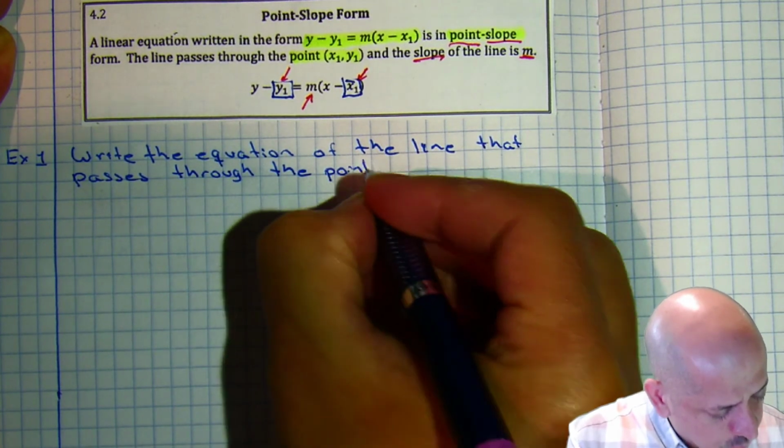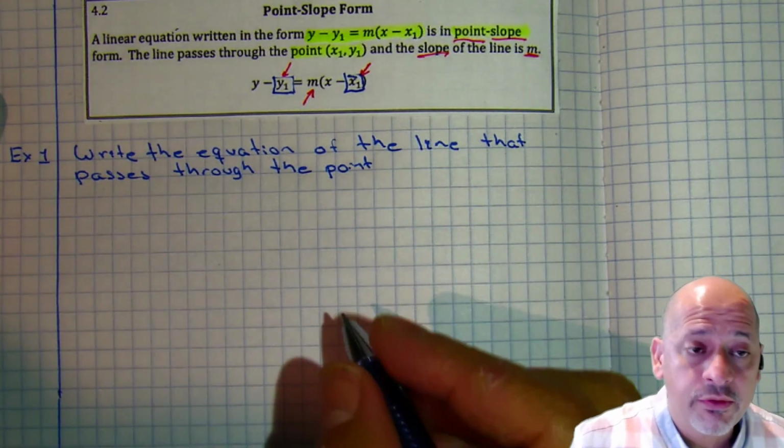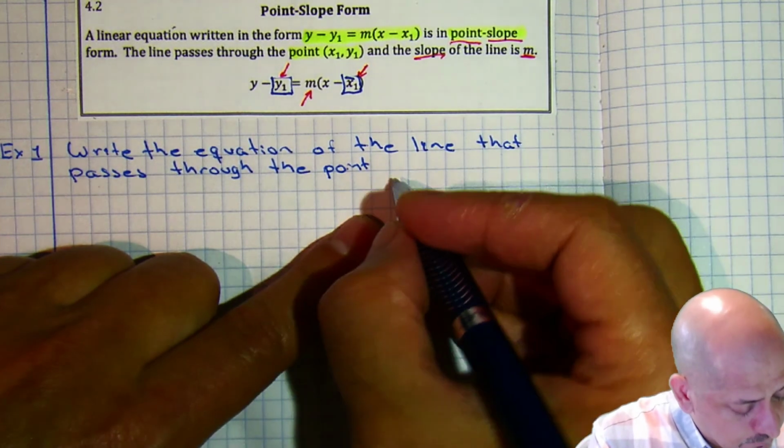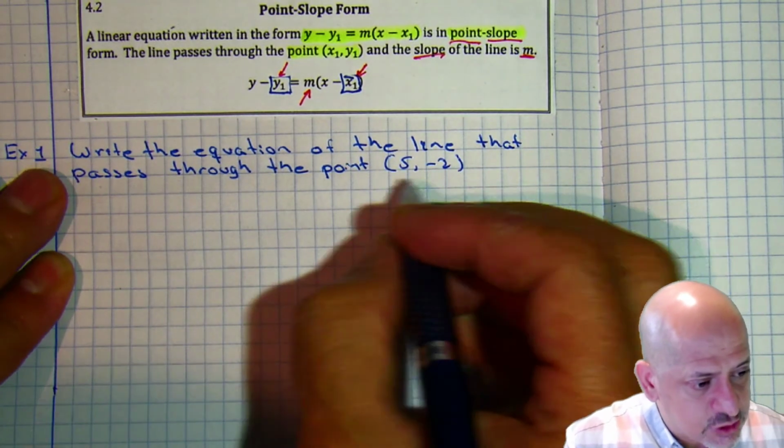So they're going to give you a point. Every single time you're going to use that equation, they will be giving you a point. In this case, the point is 5, negative 2, and has a slope of 3.